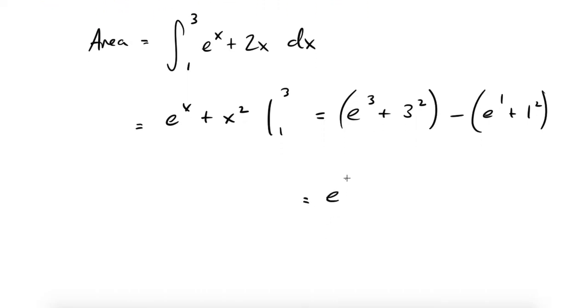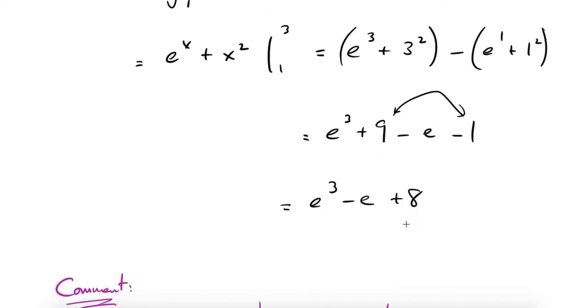So this is e cubed plus 9 minus e minus 1, right, because I distribute my negative here, or e cubed minus e plus 8, right, because these are similar terms. And you can't really clean up these e's, right, e's to different powers don't combine very well, so this is a perfectly fine final answer.